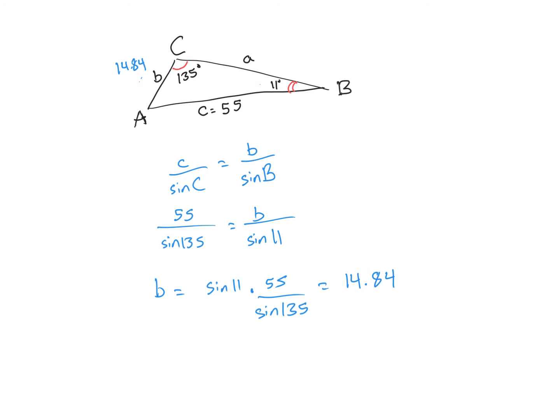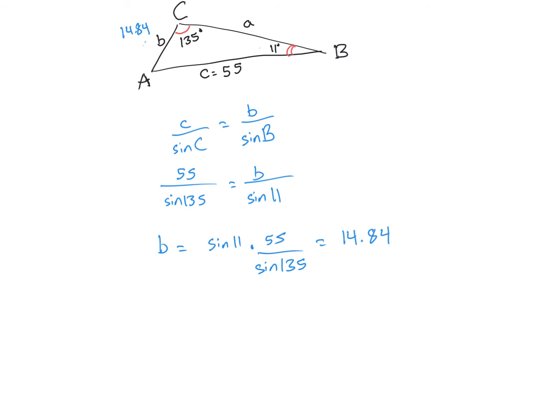Now, I want to find my side A and my angle A. I'm missing each part, right? I can find angle A easily. Angle A, remember, all the angles inside the interior of a triangle need to add up to 180.